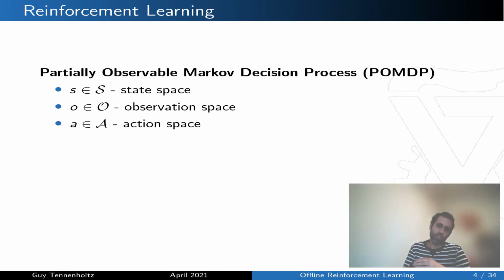Now, the most general framework that is used in reinforcement learning is the partially observable Markov decision process, POMDP. This framework consists of a state space, S, an observation space, O, and an action space, A. The state space, in our example of the chess game, could be the state of the actual board, where every piece on the board is.